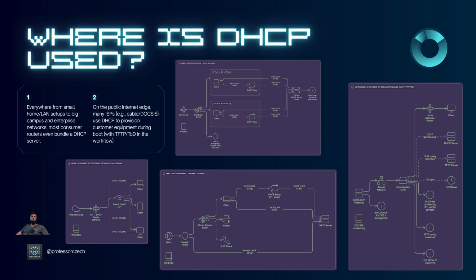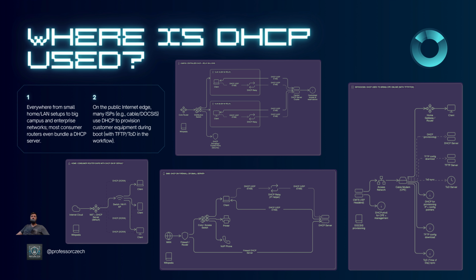If IP networking is a city, DHCP is the transit pass kiosk you see everywhere, from the corner store to Union Station. In your living room, the consumer router that came with your internet plan quietly runs a DHCP server by default, handing out addresses plus directions to laptops, phones, smart TVs, and that rebellious Internet of Things light bulb.